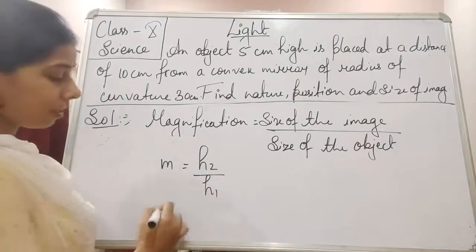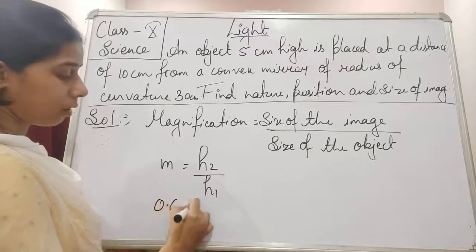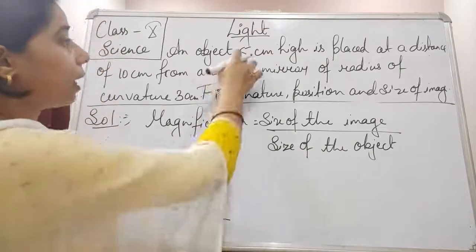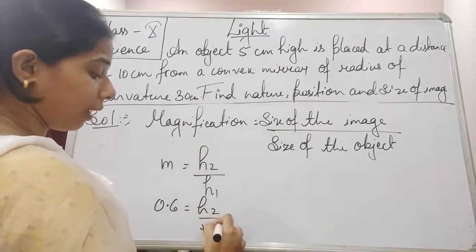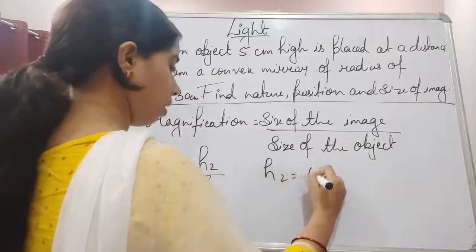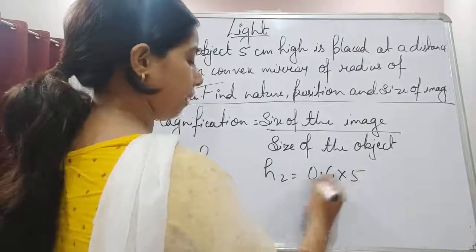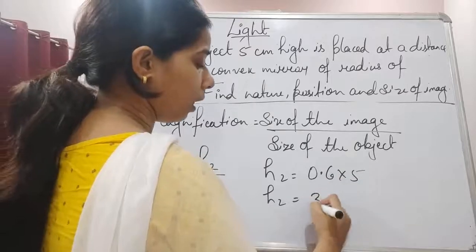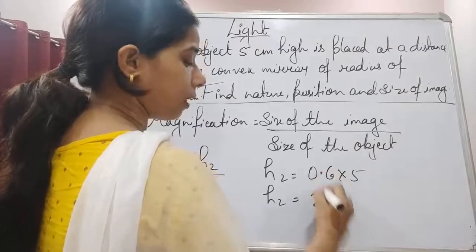Now magnification is equals to 0.6, which is equals to H2, that we have to find, upon H1, which is given, that is plus 5 centimeter. So H2 is equals to 0.6 into 5. Now 5 into 6 is 30, and here only one decimal place is there, so 3.0.